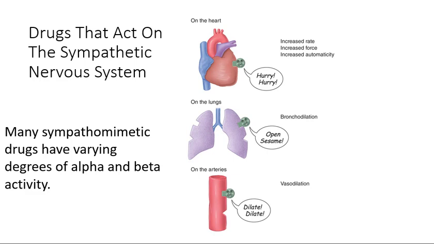So at basic, sympath means sympathetic nervous system. When we activate the sympathetic nervous system, we're going to see an increase in the heart rate. We're going to see an increase in the contractile force of the heart. So if we give a sympathomimetic, we're going to give a medication that is going to mimic the sympathetic nervous system. The flip side is true as well.